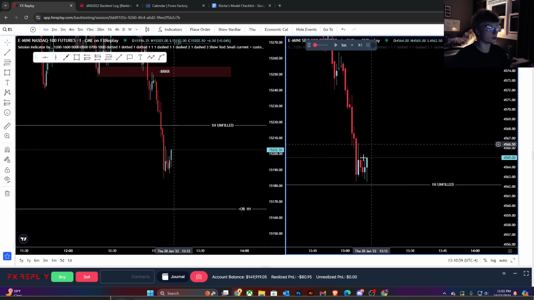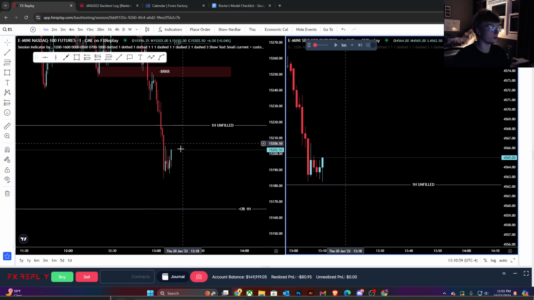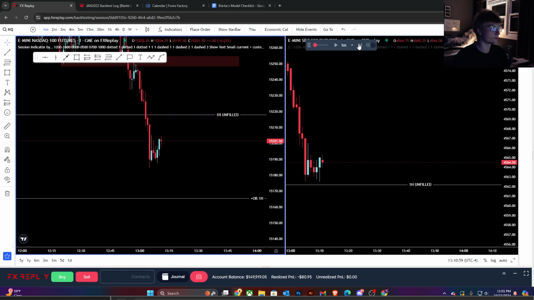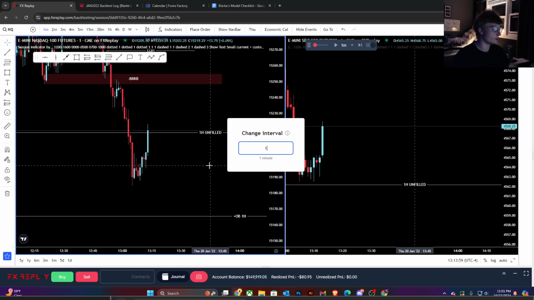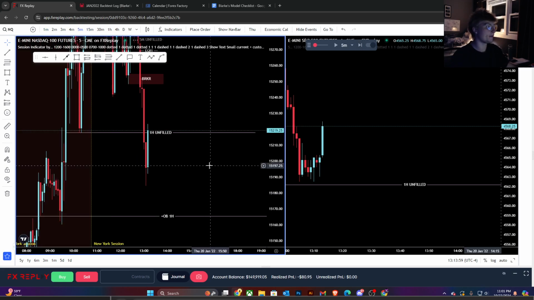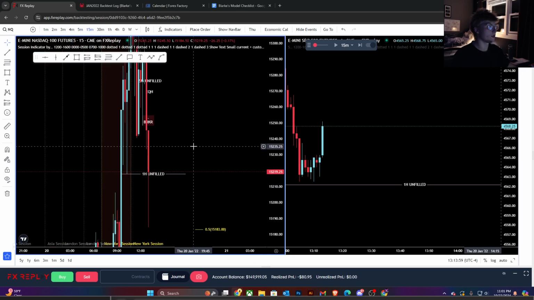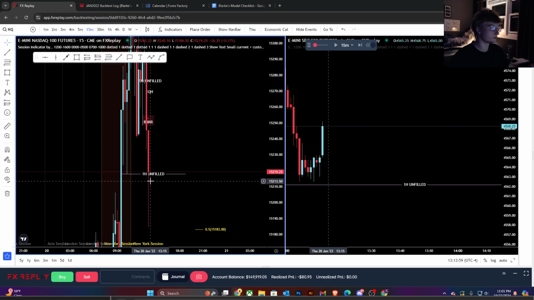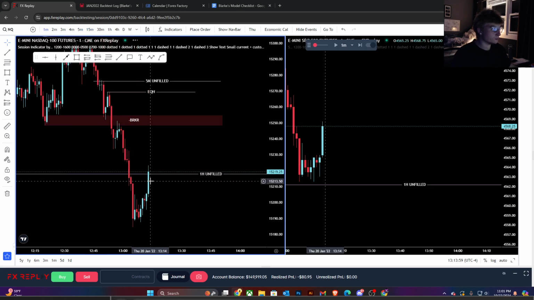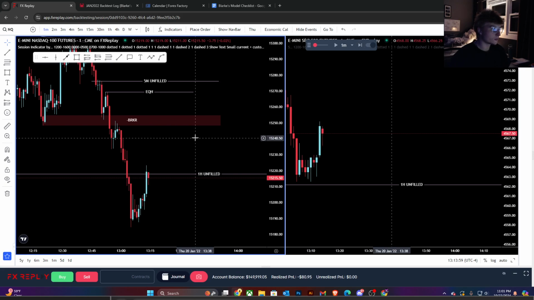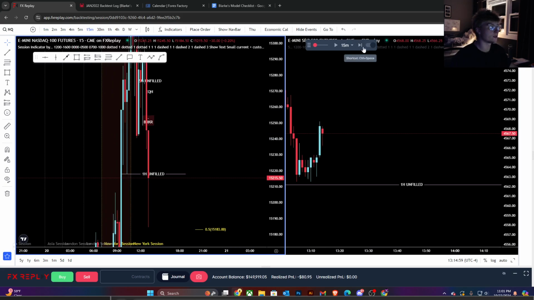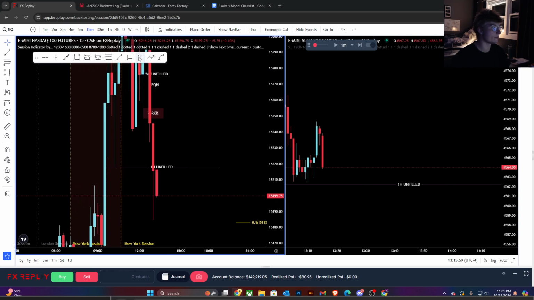Is this SMT? No, it's not. I do want more structure here. Did tap into that hourly. So we're gonna leave behind 15 minute here unfilled fair value gap above.